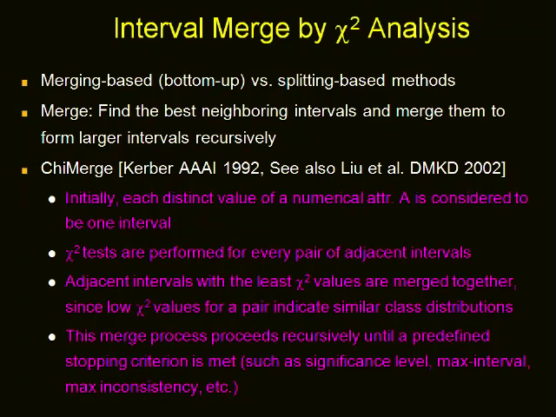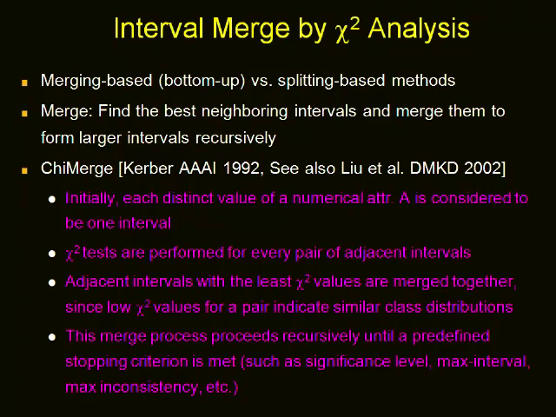Merging stops when chi-square values of all pairs of adjacent intervals exceed some threshold, which is generally determined by a specified significance level. A very high value of significance level for the chi-square test may cause over discretization, and a very low value may cause under discretization. That is why the significance level is generally chosen between 0.10 and 0.01.